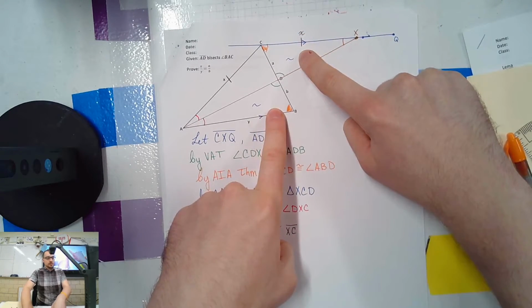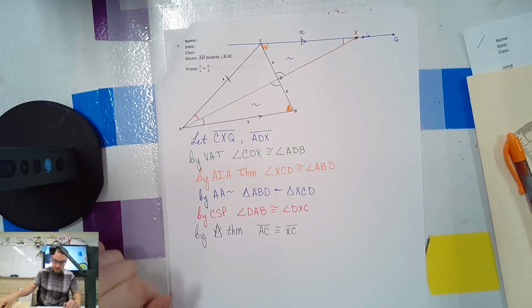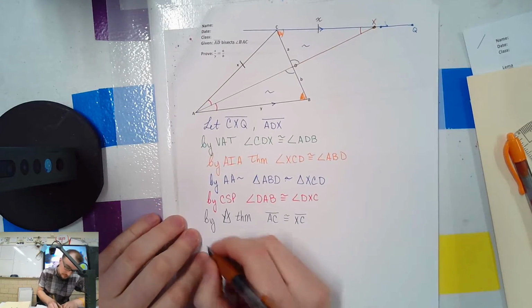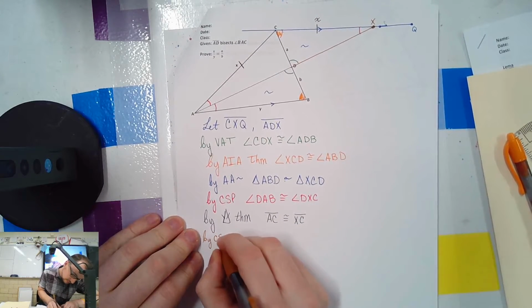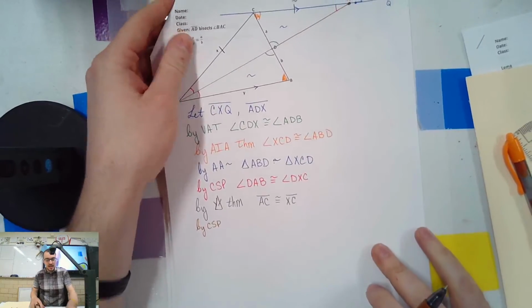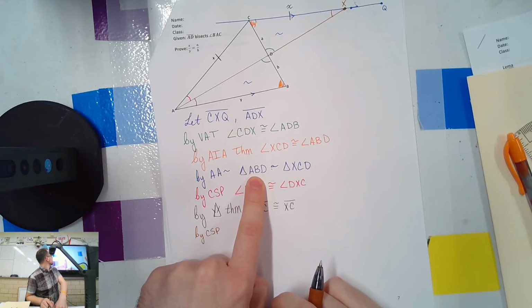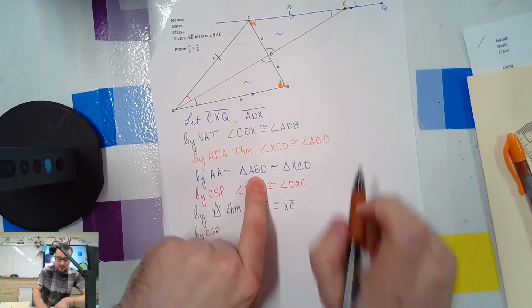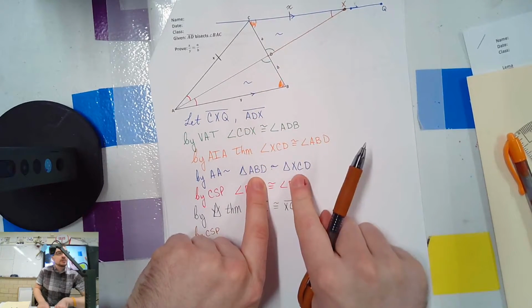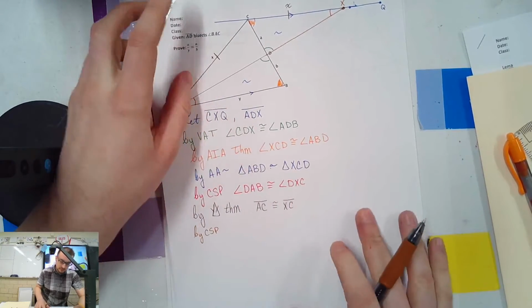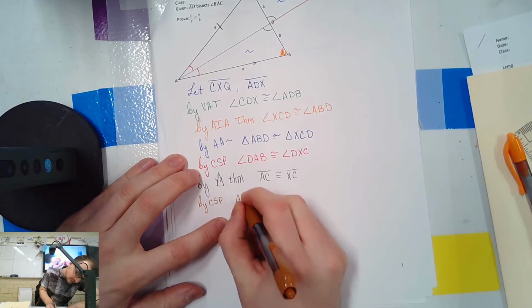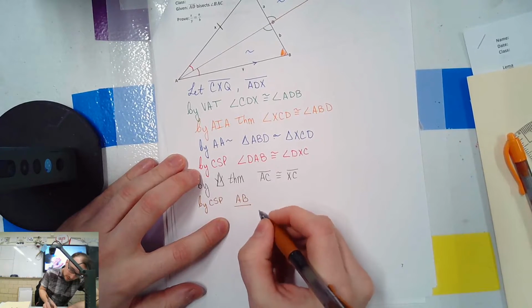These two triangles are similar, so I'm going to relate them by CSP. So again, by CSP, I've got AB, otherwise known as Y, right? Look at AB, that's the first two, right? And I've got XC, otherwise known as X, the first two, right? So I've got AB over XC.